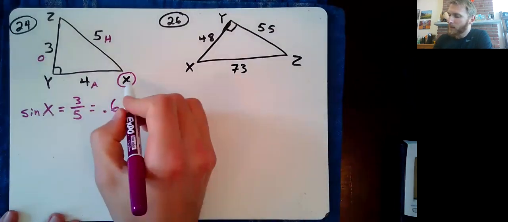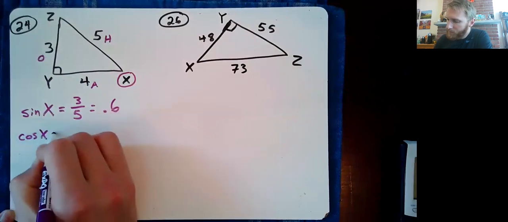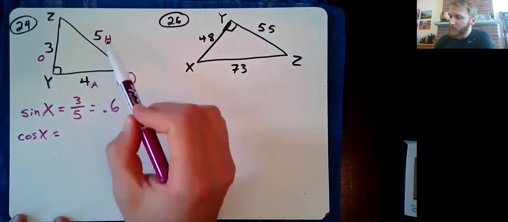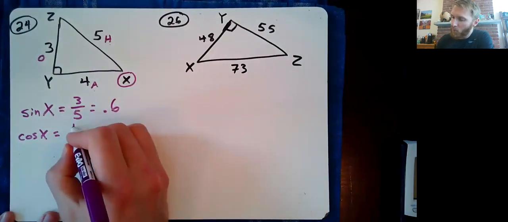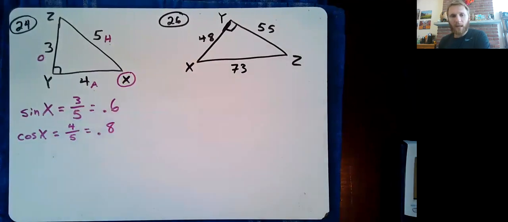Using the same setup, I want to also find cosine of x. Cosine of x is adjacent over hypotenuse, 4/5, which is 0.8. That is sine and cosine related to angle x.